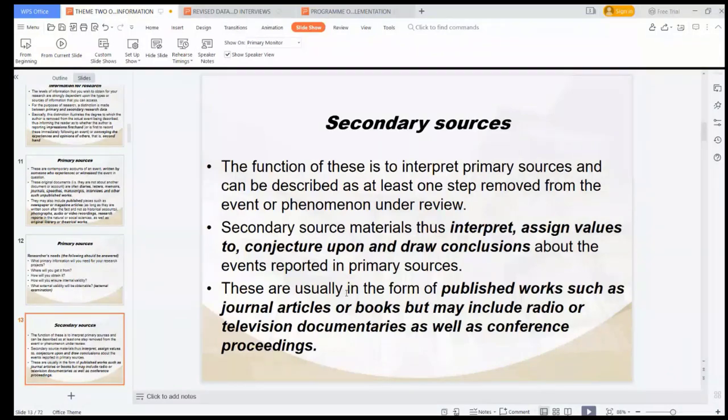So this is referred to as a secondary source, because we assign values there, and we interpret and draw conclusions on them. These are usually in the form of published works such as journal articles and books. They are always available for us, whether they are e-books or hard copies. These are what we access.